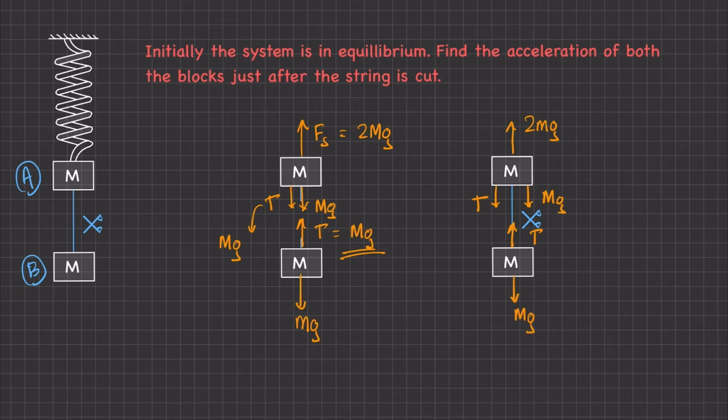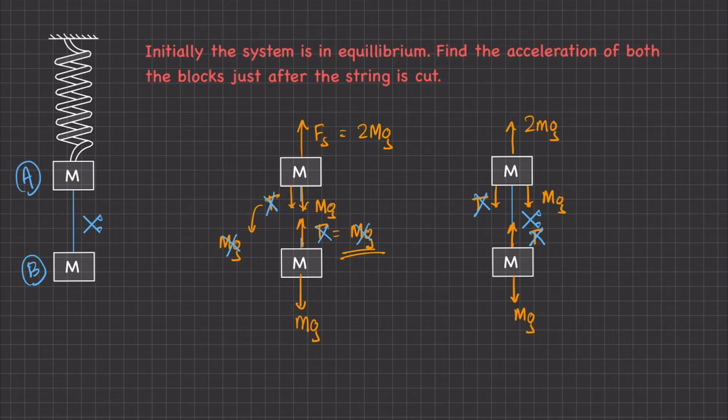Now it is asking us that we will cut this string. Due to the string, only tension force is present, right? So if we cut the string, then the tension vanishes here. So this T will vanish, and here also T will vanish.